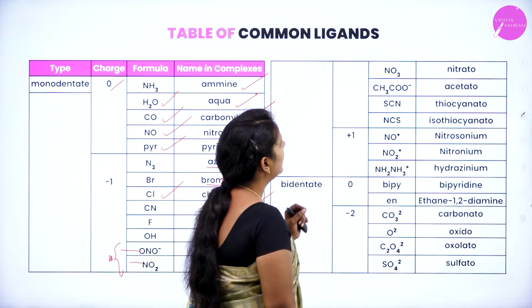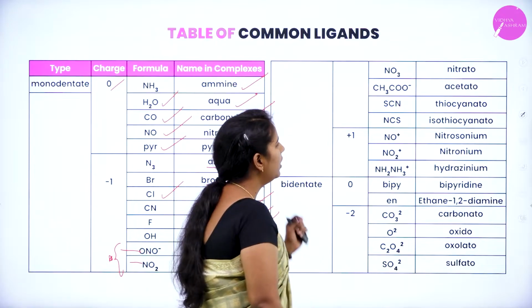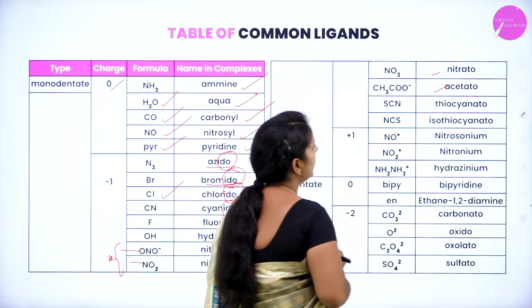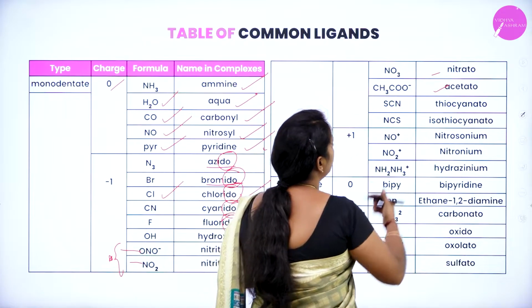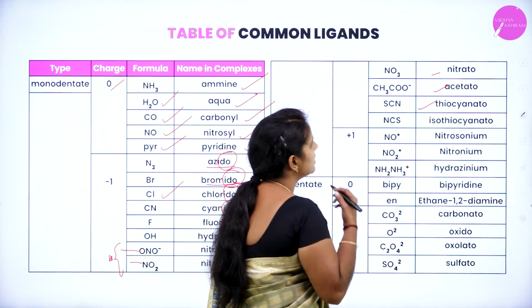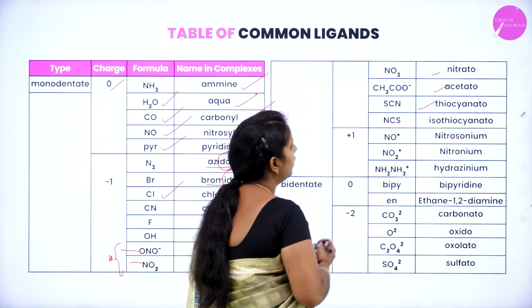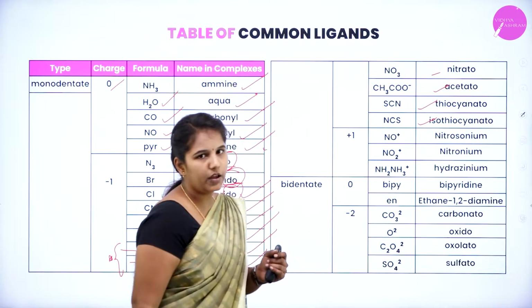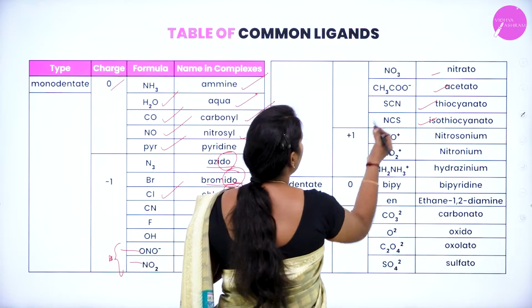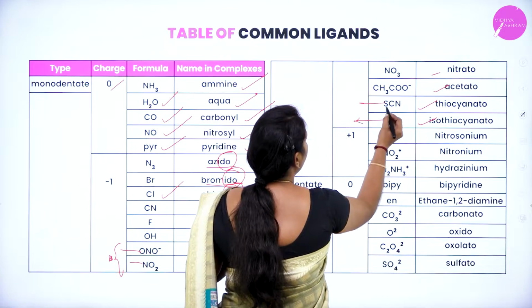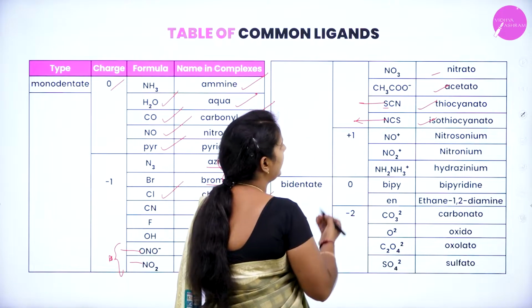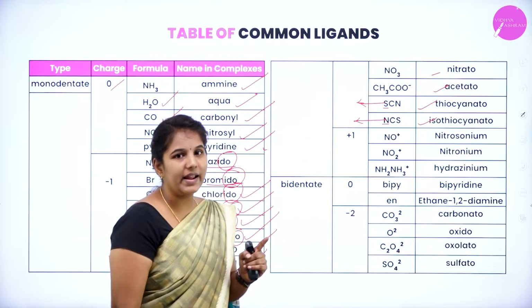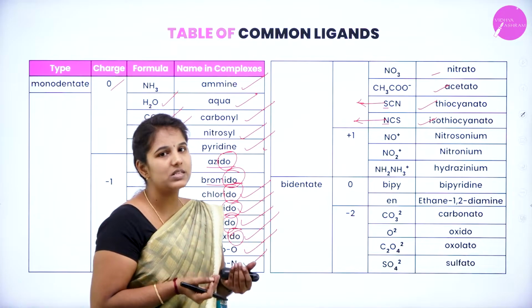Next, we have a few more anionic ligands. You can see NO3 minus nitrato, CH3COO minus which is acetato, SCN minus which is thiocyanato, and NCS minus which is isothiocyanato. Here, even though the formula is the same, in one case sulfur is the ligating atom towards the central metal atom, and in the other the nitrogen is the ligating atom.